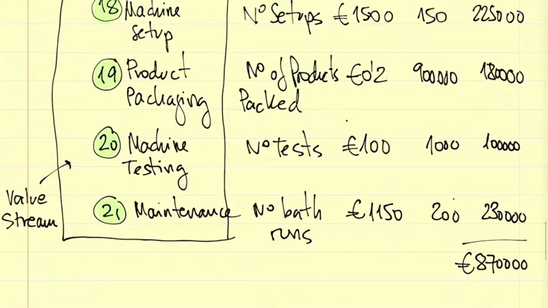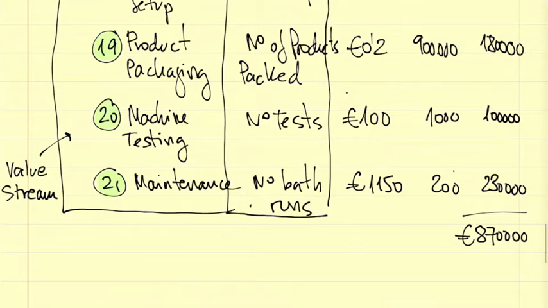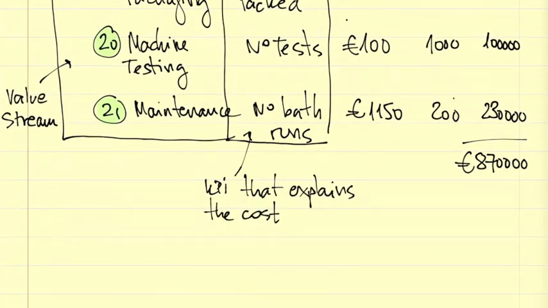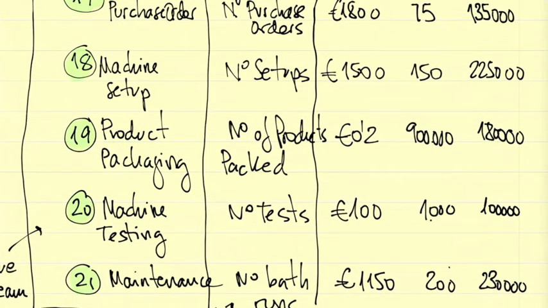And then we find a KPI that correlates with the cost, that explains the cost, or which is a cost driver. Okay? Is it clear? Is it understandable? Questions?